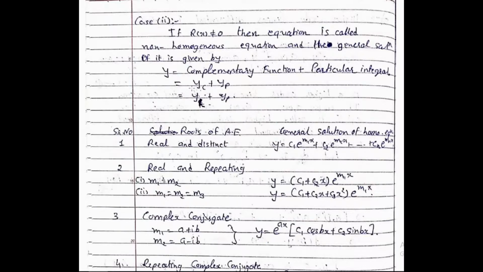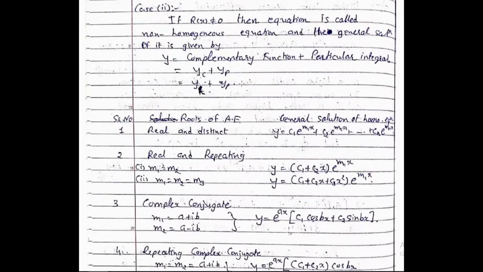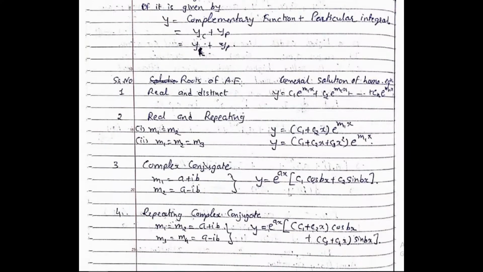So the method to find the complementary function depends on the roots of the auxiliary equation. So this is the table which you have to remember.